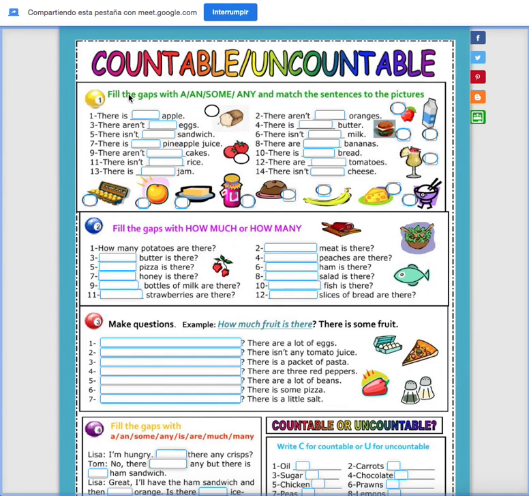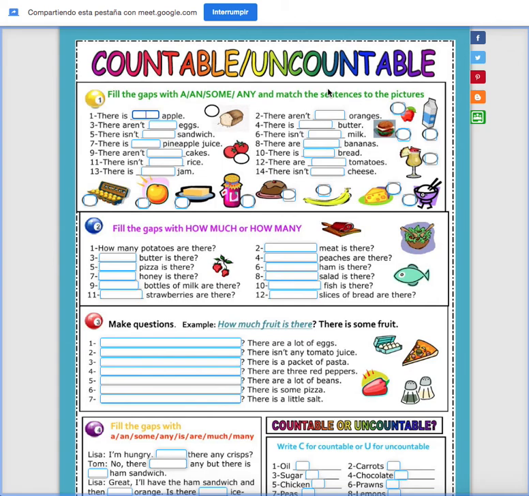Look at this. Fill the gaps with a, some, any. You decide and match the sentences to the pictures. So, for example, there is, how can I complete this part? I just have to use a, some, any. So there is. Some. Remember that some.